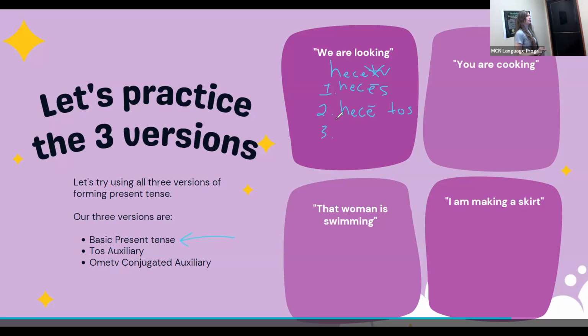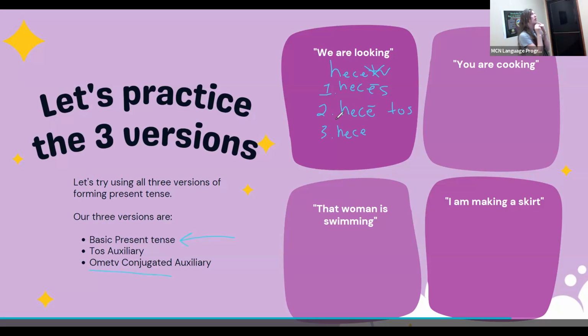The last version. We take it, we drop our ida. What do we add after we drop our ida? We add our null e, our I. We just need something, a placeholder. And then what do we actually conjugate for person? We conjugate omida.